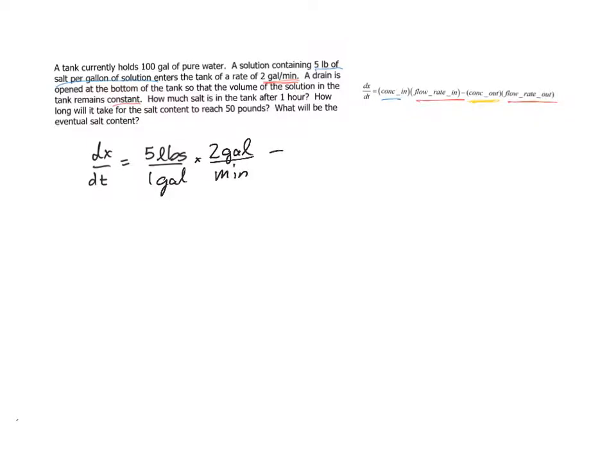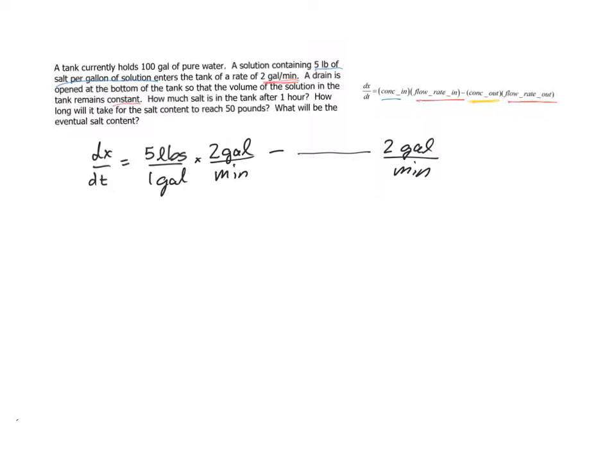That's now minus the concentration going out, which we'll save for a minute, and then the flow rate going out, which we know is still going to be 2 gallons per minute.